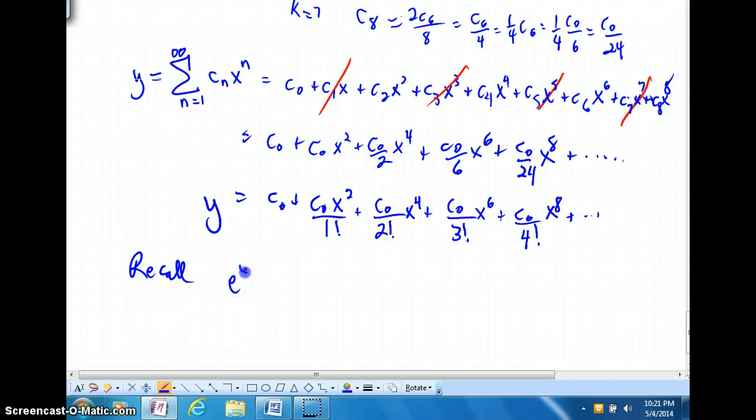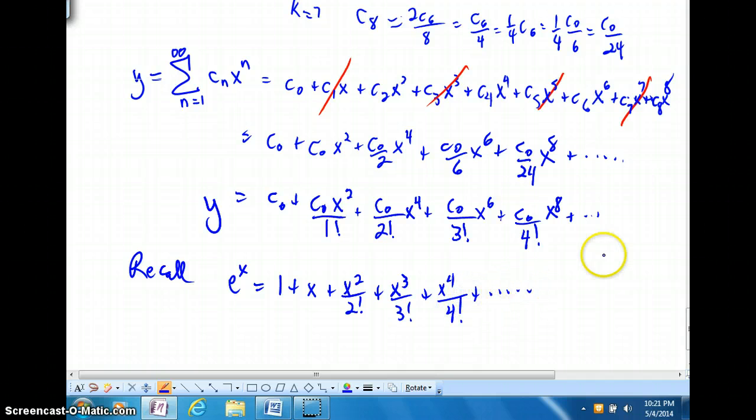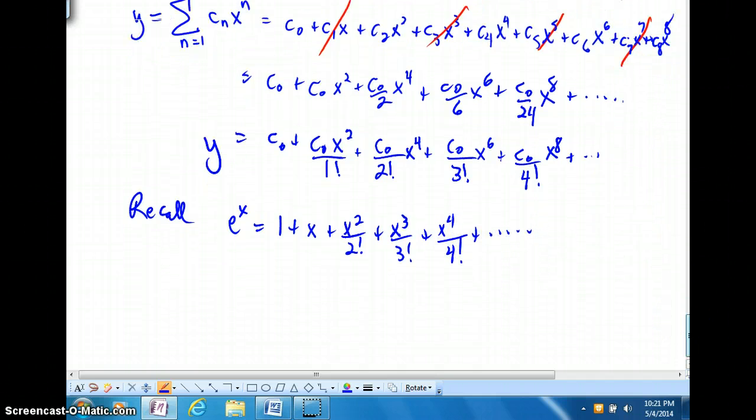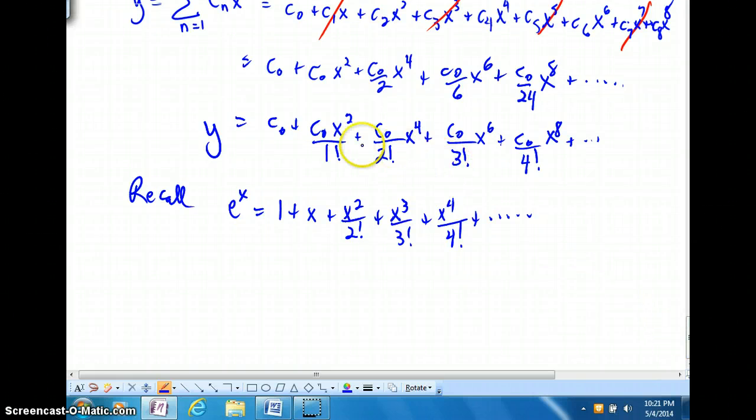You might remember not too long ago we said e to the x, the Maclaurin series, was 1 plus x squared all over 2 factorial plus x to the 3rd over 3 factorial plus x to the 4th over 4 factorial, and so on. Well, you look at this and you can say, wow, I see a 1 factorial, a 2 factorial, a 3 factorial, all that good stuff, and you might wonder if perhaps something is happening here.